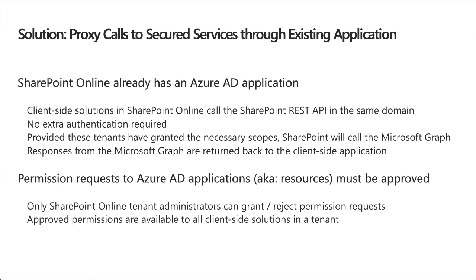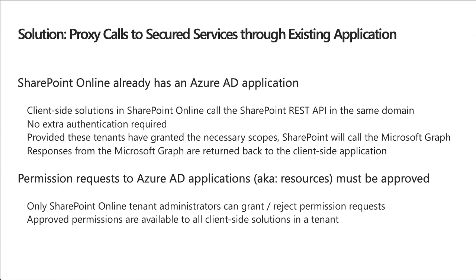Now, in order to call other services that are secured with Azure AD, we have to give the SharePoint Online tenant, the Azure AD application that runs SharePoint Online, specific granted permissions to call the Microsoft Graph. So you're going to provide that tenant with the necessary scopes, and then SharePoint is going to authenticate with Azure AD to obtain an access token that can be used to call the graph.